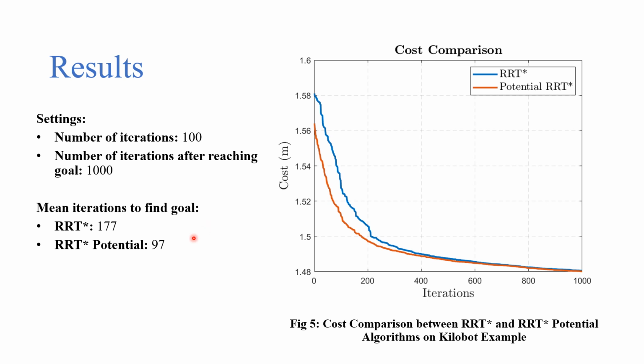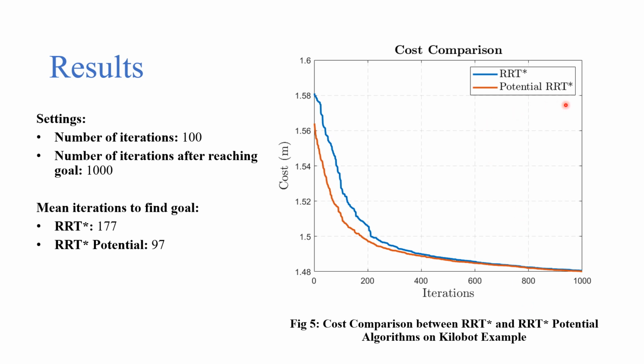So in this case, we used 100 iterations or 100 trials, and we fixed the number of iterations after reaching the goal to 1000 so that we could have vectors of constant length and just compare them. So we can see here that the potential RRT star actually achieves a slightly better convergence rate than the RRT star algorithm, though their performance is actually quite comparable after many iterations.